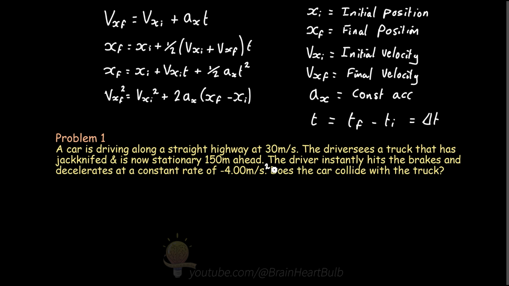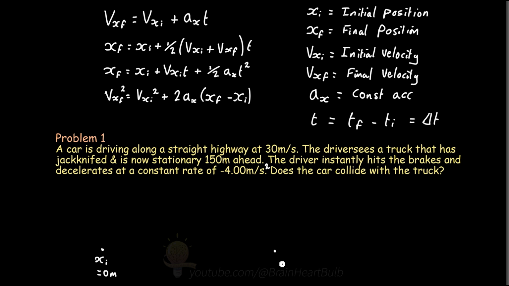So let's imagine we've got a straight path where our initial position here, xi, is the position where the driver starts to brake. And we can assign that initial position with a value of 0 meters.